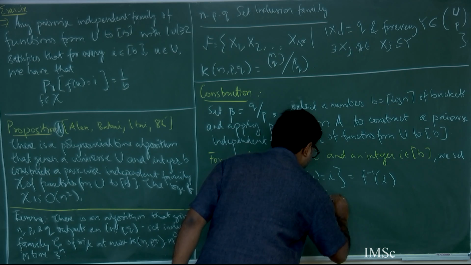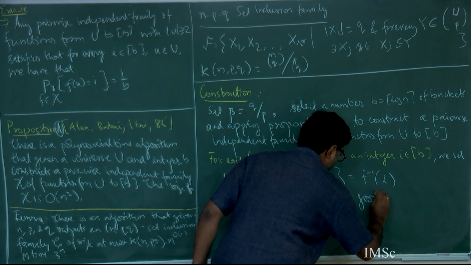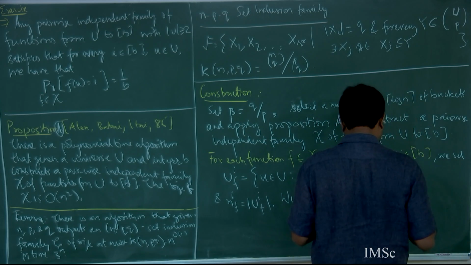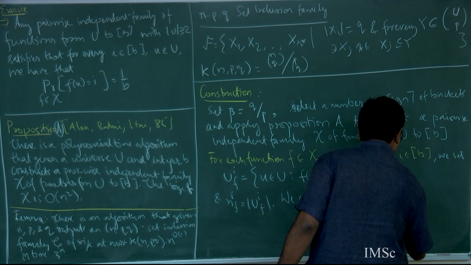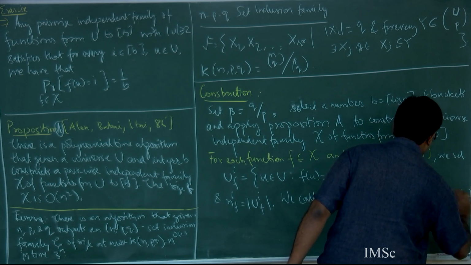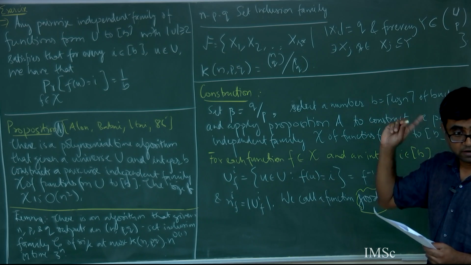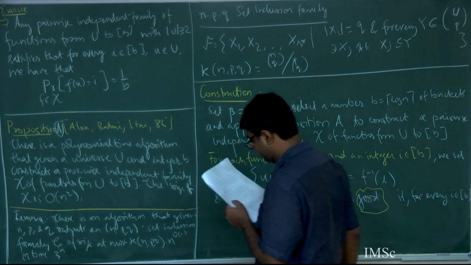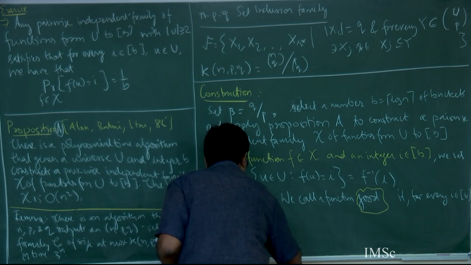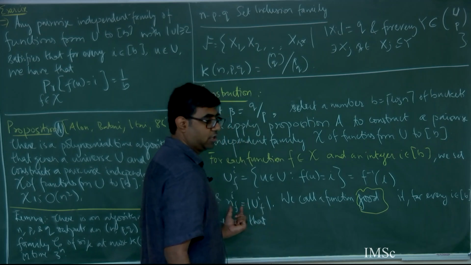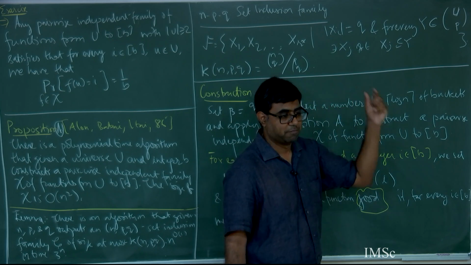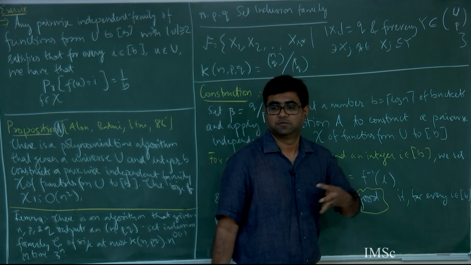We call a function good, and you will see why. It should remind you of how I defined good last time. We call a function good if for every i in B, this number is not too far from the mean, which is n over B; the number of elements of the universe mapped to each index is not much more than n over log n.